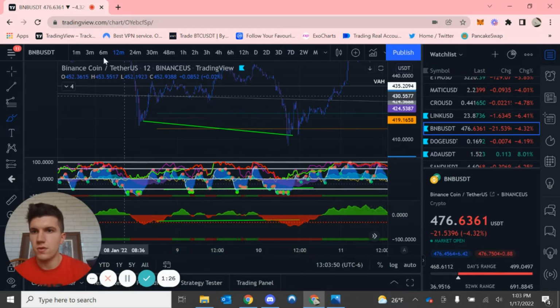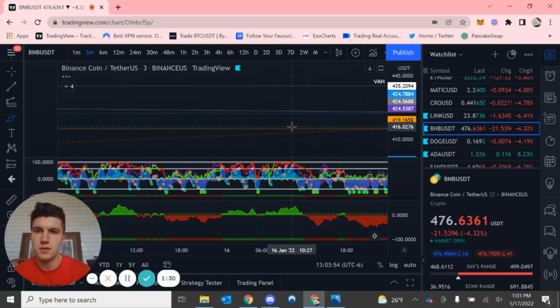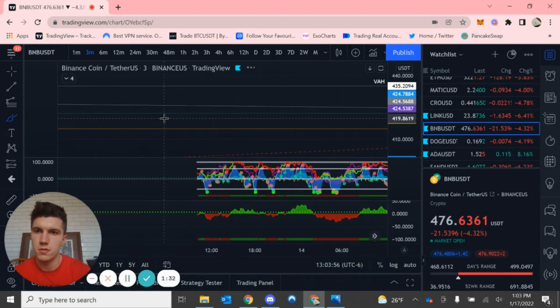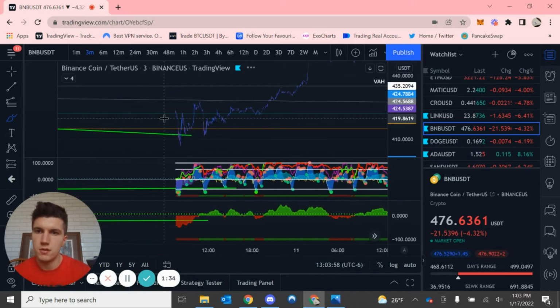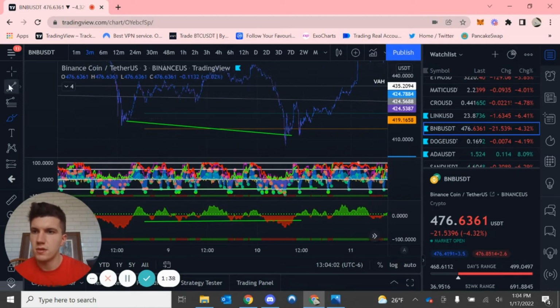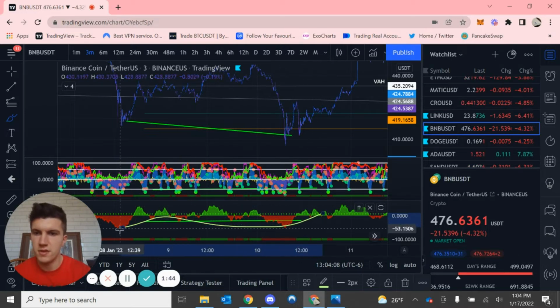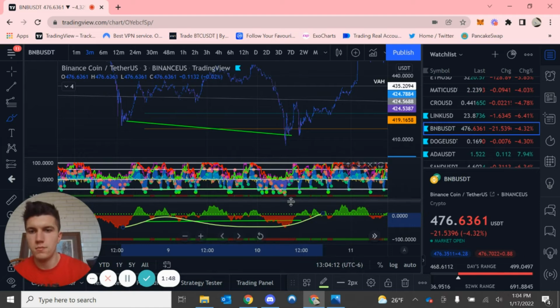With that, you can zoom way down. Let's go to the 3 minute and look at the same thing way back here. Here too, you can see it pretty well, how we see money flow coming up.